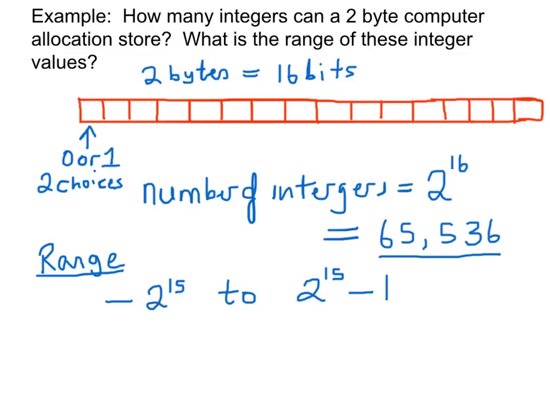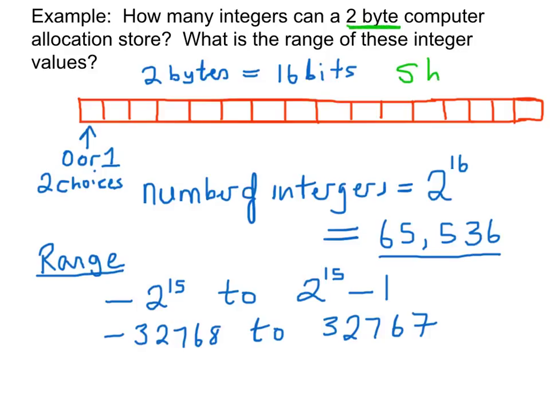So if we work this out in the calculator, the range is going to start at minus 32,768, and it's going to go up to 32,767.